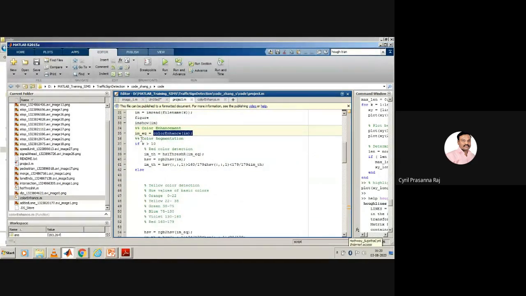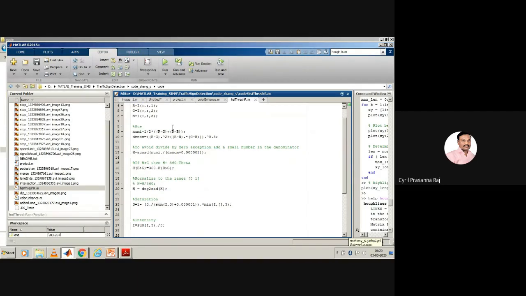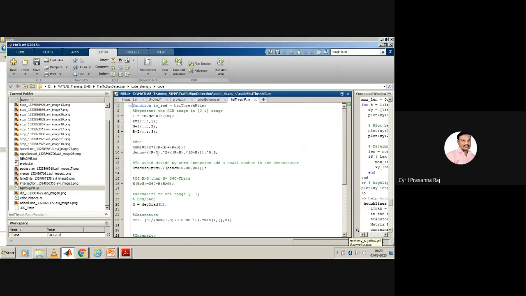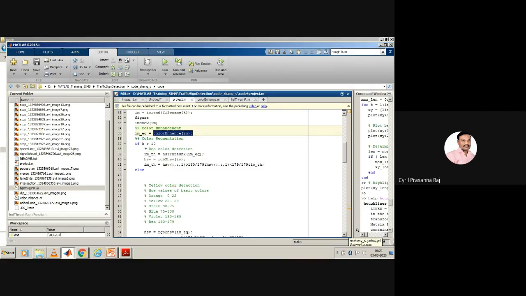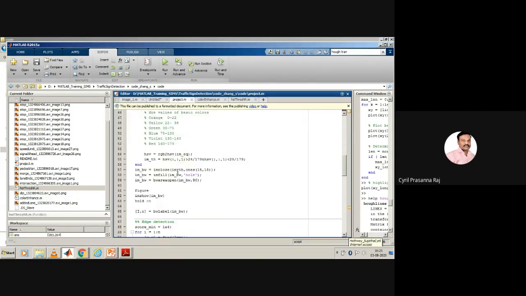So you try to do this color segmentation by performing HSI threshold R. Again, this is a function call, where you read that image and find out whether it is yellow or red. So for that this function is written. Once you are able to do that color segmentation, whether it is yellow or red, you are able to display that image.